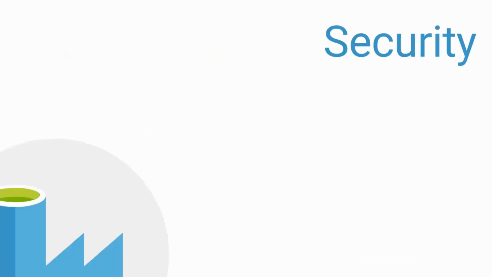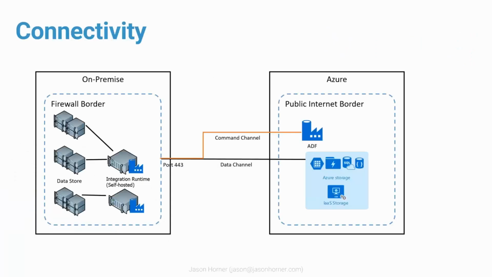As far as security, there's a couple important things to note. I've called this out a bunch of times, but ADF is basically our command repository. So it's going to say, go to the integration runtime and go grab the data out of here, and the integration runtime is actually going to execute that query and move it across this data channel, which is 443, which is protected by SSL. The command channel is encrypted as well, I believe.